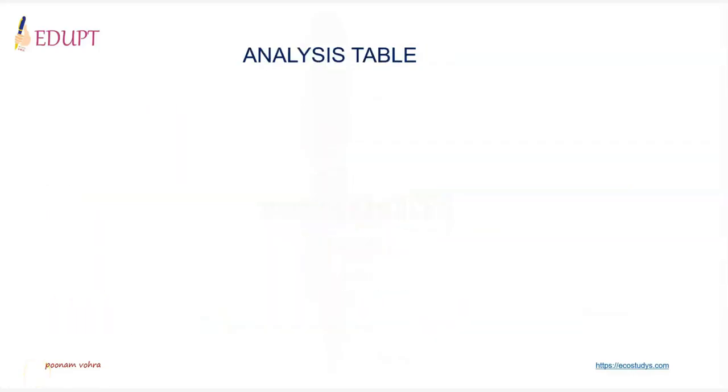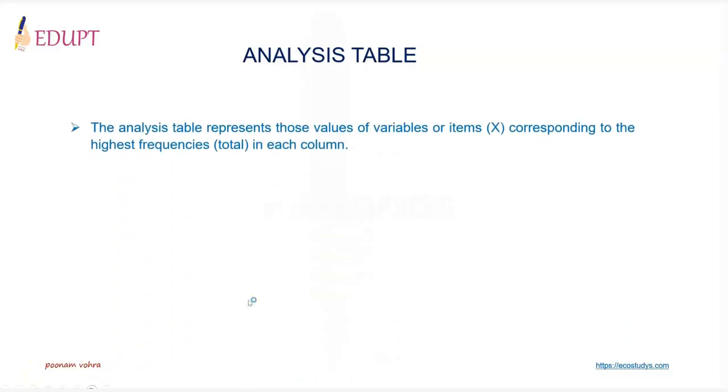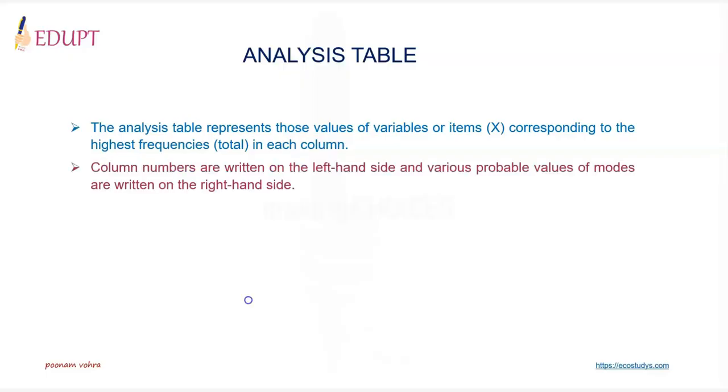After preparing the grouping table, one needs to prepare the analysis table. The analysis table represents those values of variables or items corresponding to the highest frequencies in each column. Column numbers are written on the left hand side and various probable values of mode are written on the right hand side.